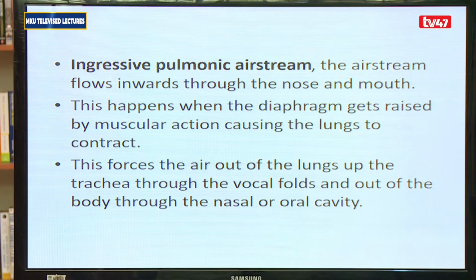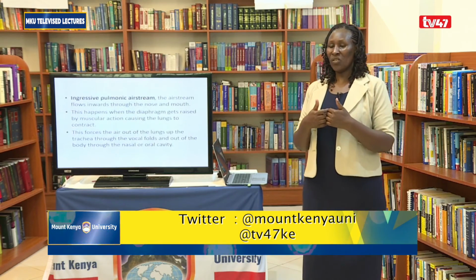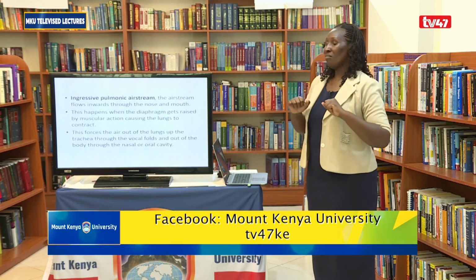The diaphragm is raised, the lungs contract, forcing the air out of the lungs, up the trachea, through the vocal folds, and out of the body through the nasal or oral cavity. So the airflow is pushed out. And this only happens when the diaphragm gets raised by muscle action.